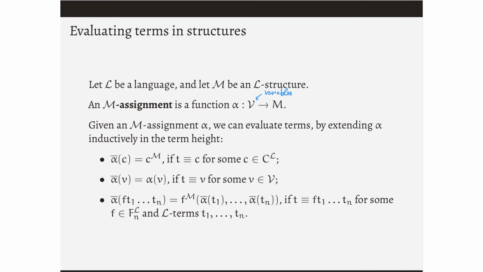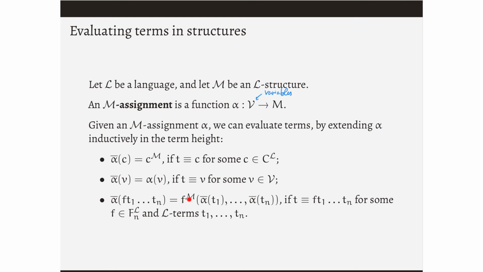And then once we have the two base cases covered, we can now extend this inductively. If a term is of the form f t1 ... tn, then to extend it, we just use our alpha bar that's already defined for the smaller terms here, and apply the interpretation of the function symbol in M to it.